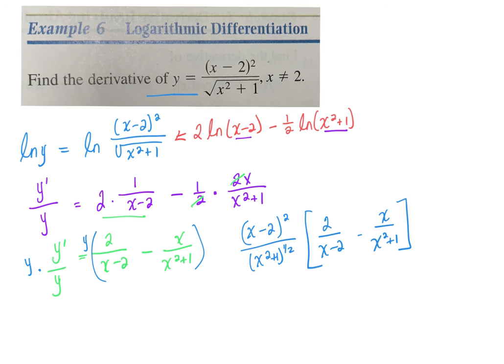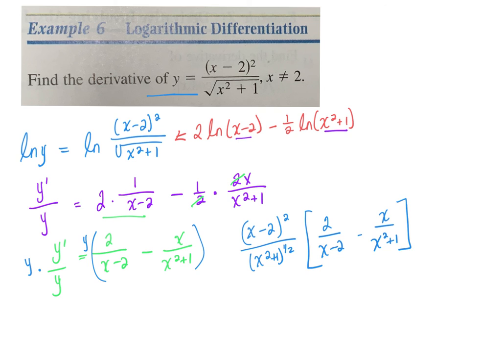Now you don't want to leave it this way. This is not pretty, okay? What I want to do here is get a common denominator between what's on the inside and simplify that a little bit. And then I can see if anything will cancel if I can multiply through. And I may not be able to, but we shall see.